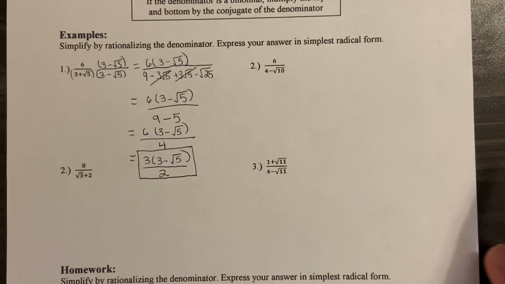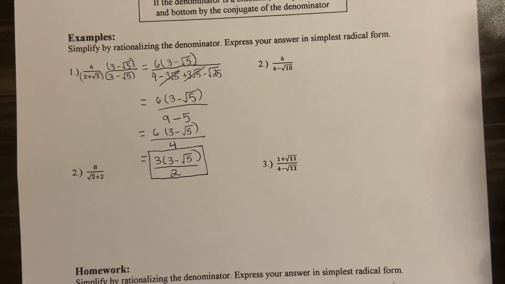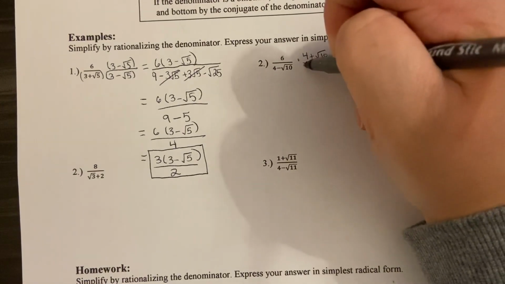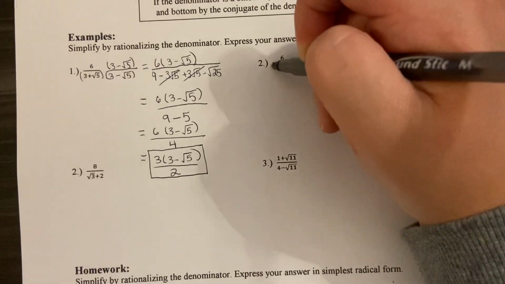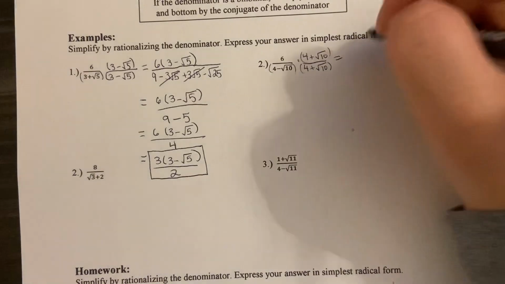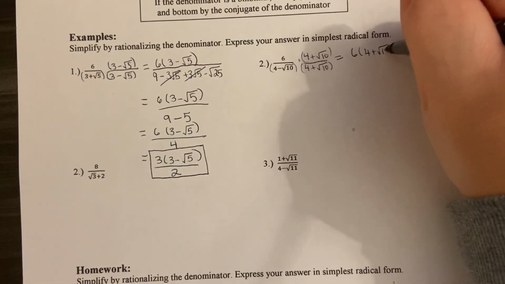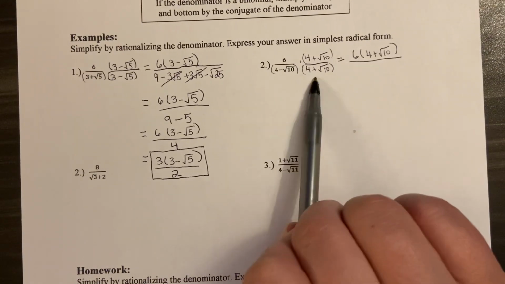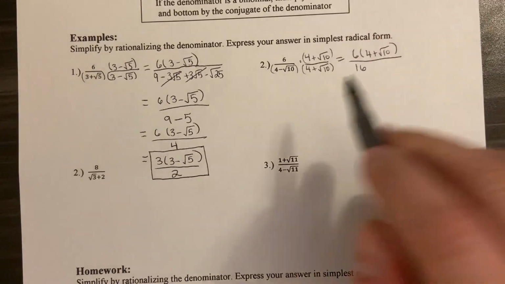Okay, so let's look at number 2. The conjugate of 4 minus radical 10 is going to be 4 plus radical 10. So I'm going to multiply top and bottom by that. Now, I just like doing parentheses because it's easier for me. So I have 6 times 4 plus radical 10 along the top. The bottom, since these are conjugates of each other, is 4 times 4, which is 16.